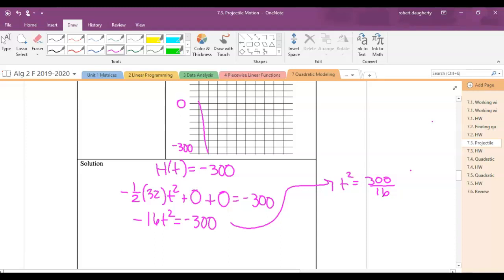So t squared is, that's 150 over 8, 75 over 4, I think. So t is going to be equal to plus or minus the square root of 75 over 4. Or you could put it in as 300 over 16, doesn't matter.